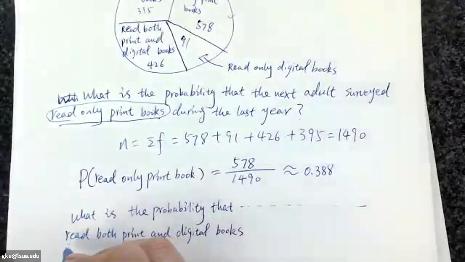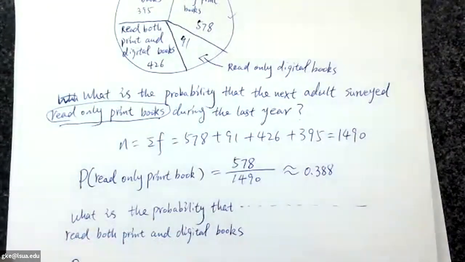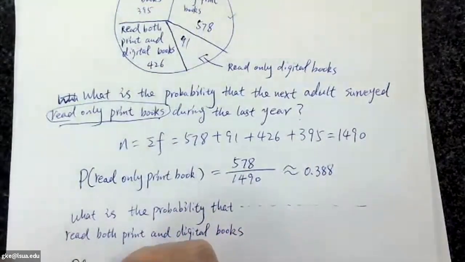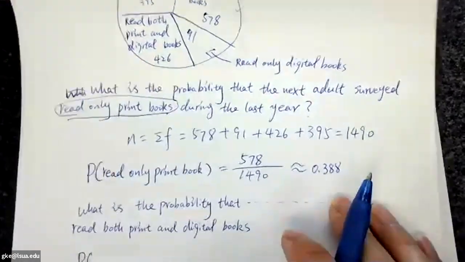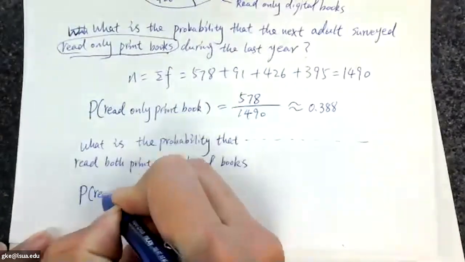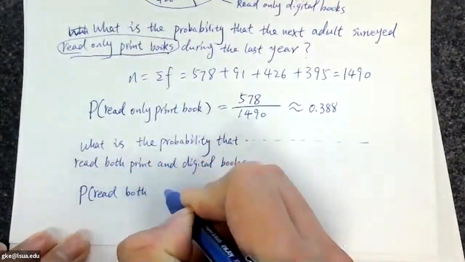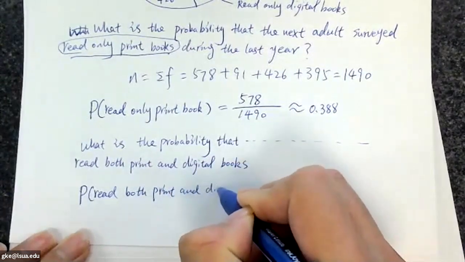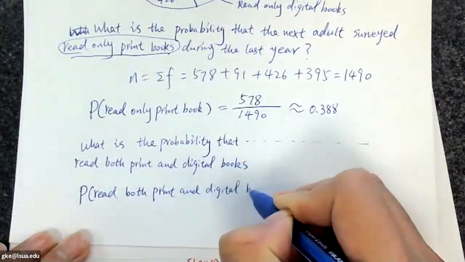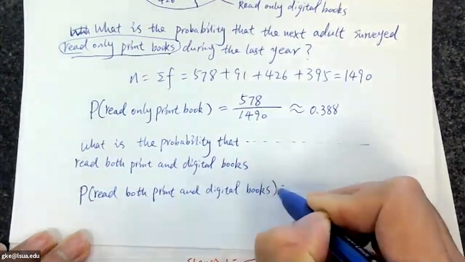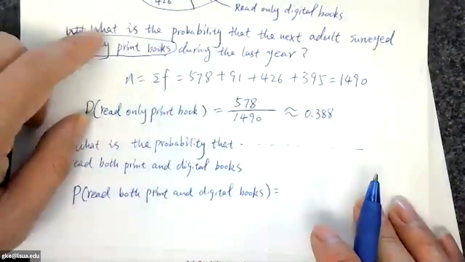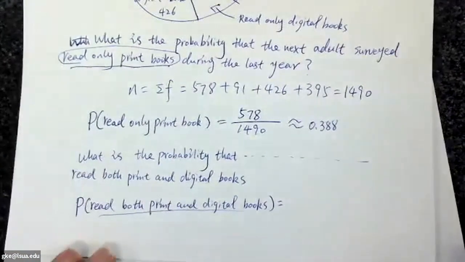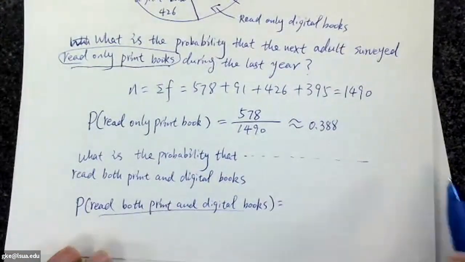I'm gonna write down the answer: read both print and digital books. We can check the event of read both print and digital books.